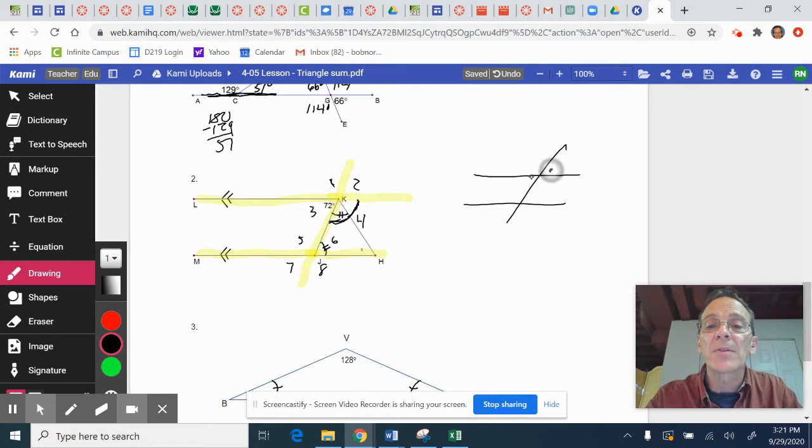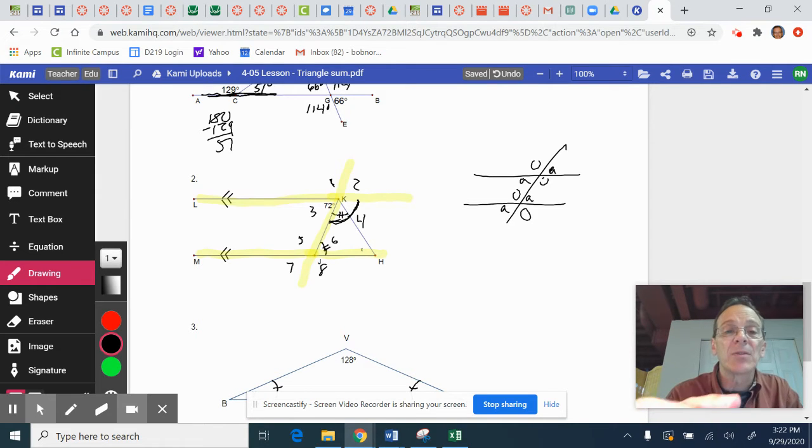And in those 8 angles, all the acute looking angles are all congruent and all the obtuse looking angles are all congruent, right? This is one of the most recent lessons we've learned. And so this 72-degree angle in here must be congruent to angle number 2 and angle number 6 and angle number 7.